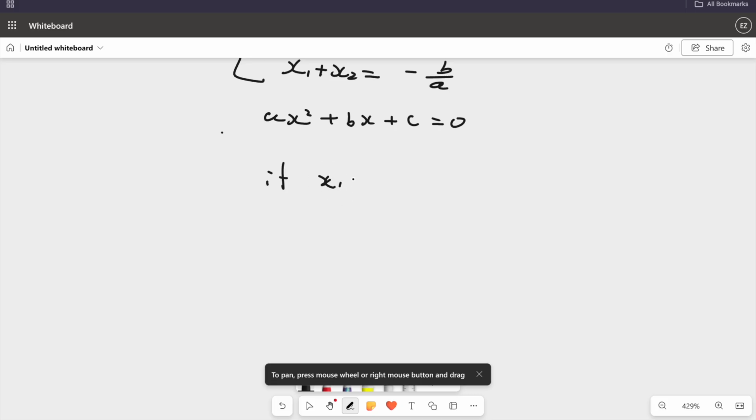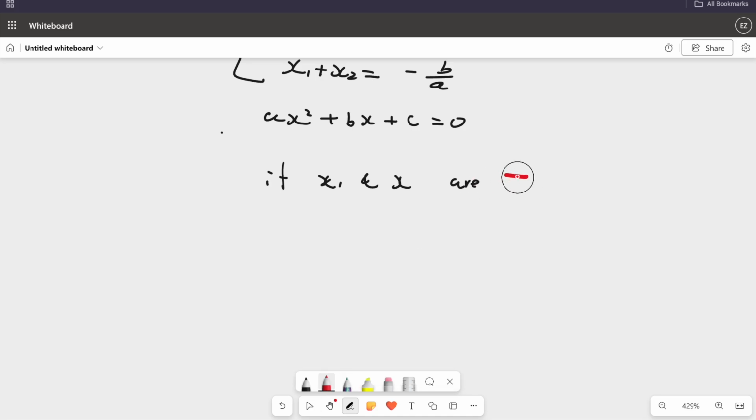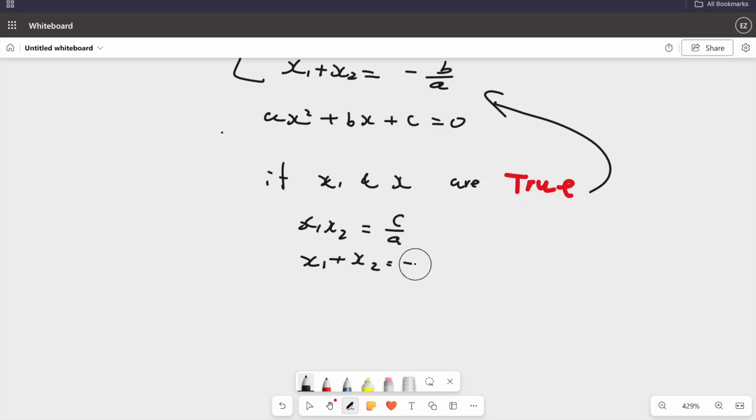So if both conditions are true for x1 and x2, where x1 times x2 is equal to c over a, and x1 plus x2 equals minus b over a, it means x1 and x2 are two roots for the expression.